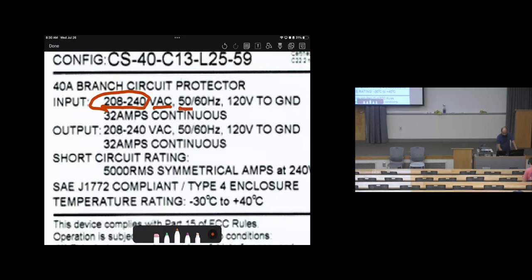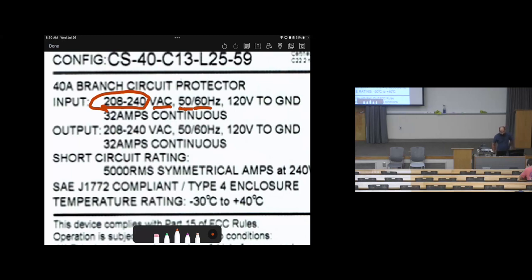It can work with 50 hertz, 60 hertz. Okay, so since here we have 120 volts, how can we let this electric vehicle device work? Basically, by connecting, instead of phase A to neutral, phase A to B, which is a 240 volt system. Okay?